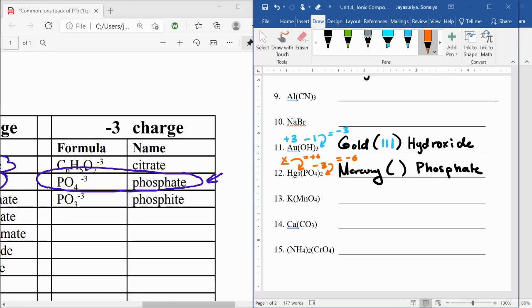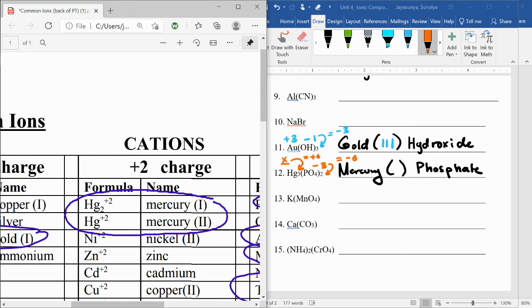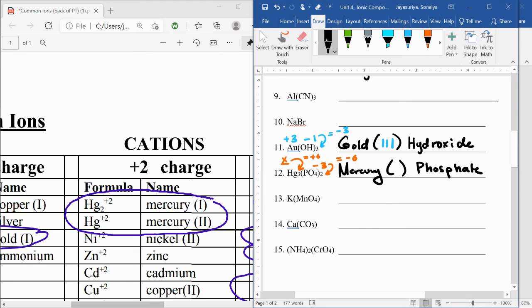Okay? And the only number X can be, based on the charges available for mercury, is this: you can only have mercury plus 2 times 3 give you a plus 6. Okay, so this is mercury 2 in fact.